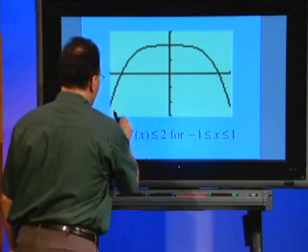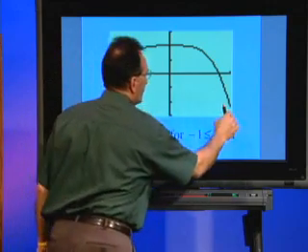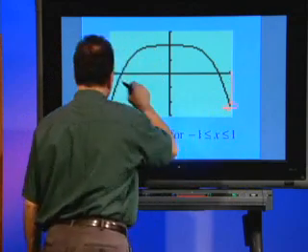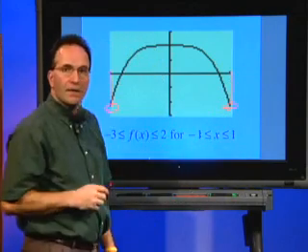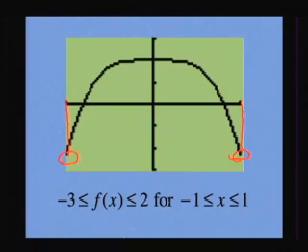And you'll notice that if we look at these points out here, which is where 1 and -1 are, you can see clearly, since this is my -3, that they are going to be slightly above that. And of course, up here, it's equal to 2. And so we can clearly see that in this particular case, the graph indicates that that value is less than 3, or the absolute value is less than 3.